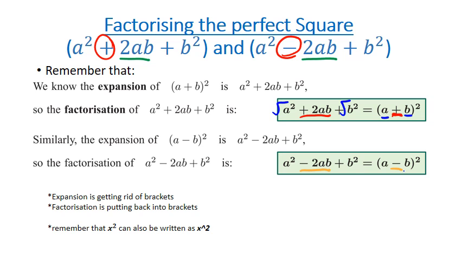But similarly, our first term and our last term are just the square root of our first term and the square root of our last term when our expression is expanded. Alright? And you can see examples of this where this is a positive and that's a 2ab. Alright? This is a negative, that's a negative 2ab.